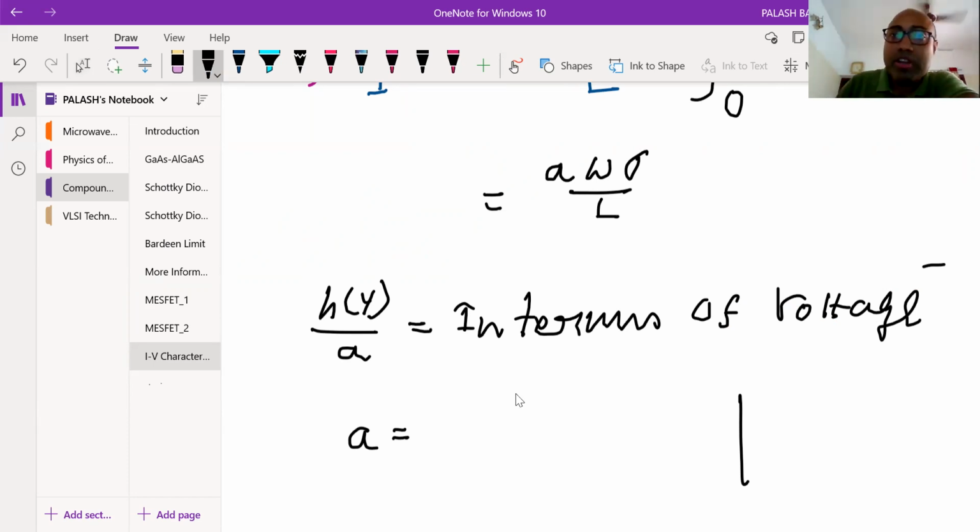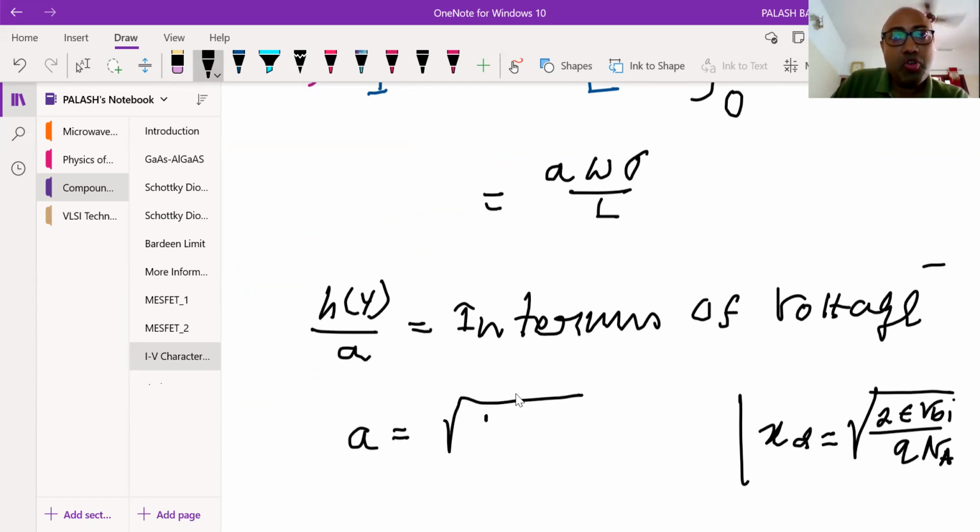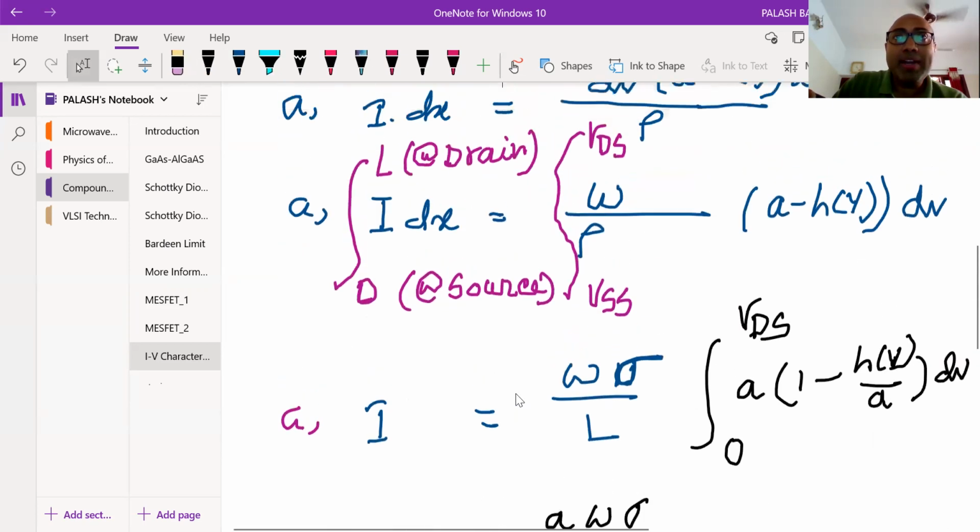So you remember your formula for depletion region. Can you remember it? It is 2 epsilon, VBI, into Q into doping. The same way we can write here 2 epsilon, but here what is the VBI?